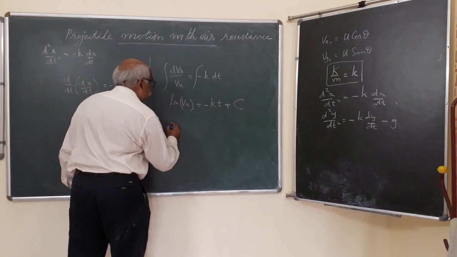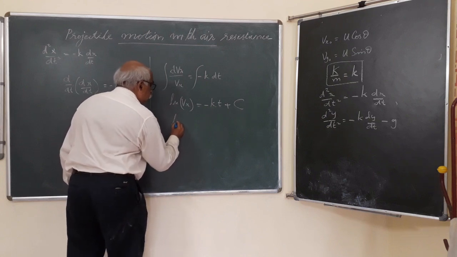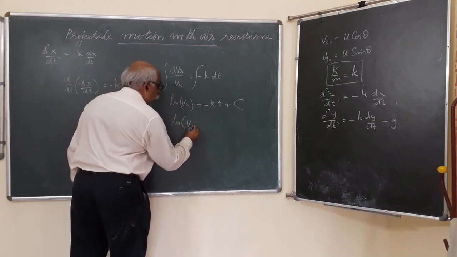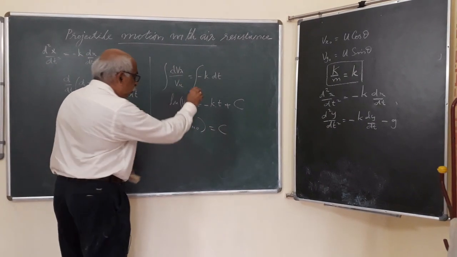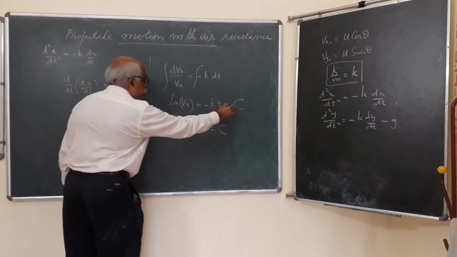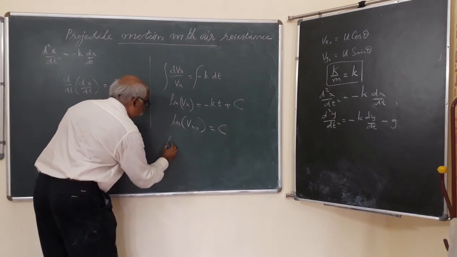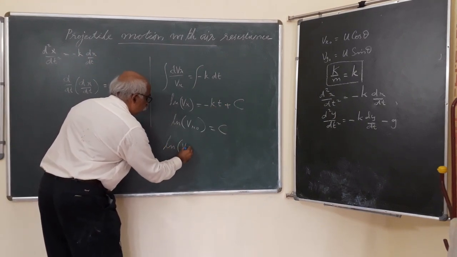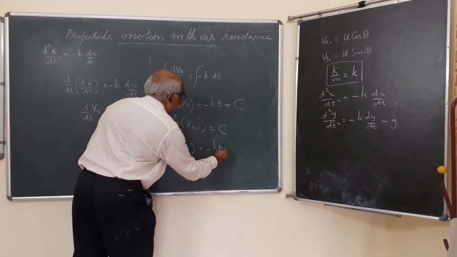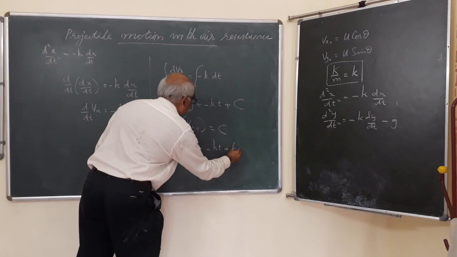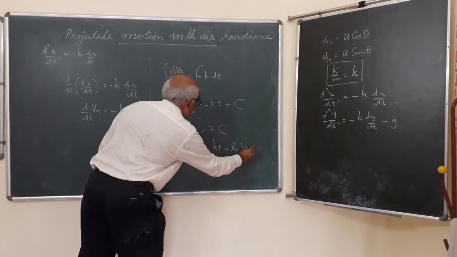That is, at time t is equal to 0, this becomes ln of vx0 is equal to c. Substituting for c, we get ln of vx is equal to minus kt plus ln of vx0.